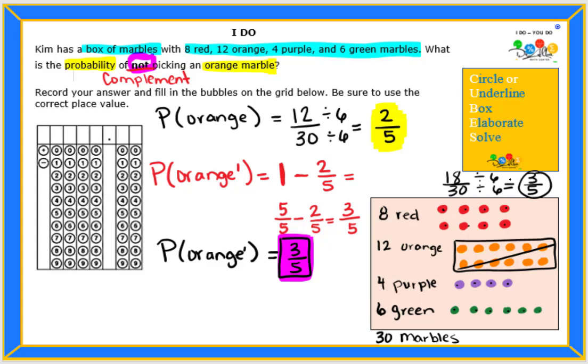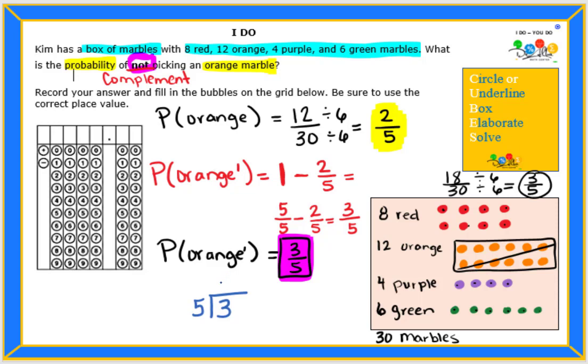Now let's go ahead and look at our answer grid. We're not going to be able to put a fraction into the answer grid. So we want to make sure to change our fraction into a decimal. Do we remember how to change a fraction into a decimal? That's correct. We're going to have to divide the numerator by the denominator. So 3 is the numerator, goes inside the box, and the denominator is going to go outside.